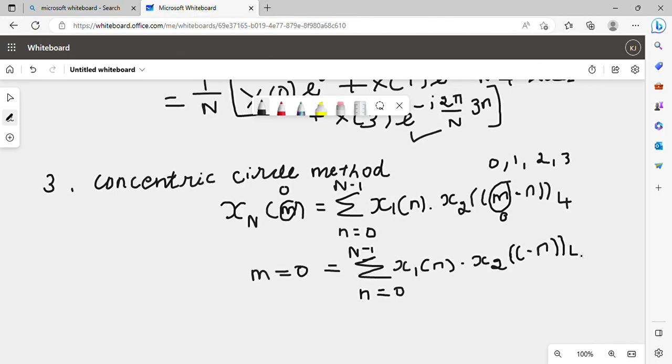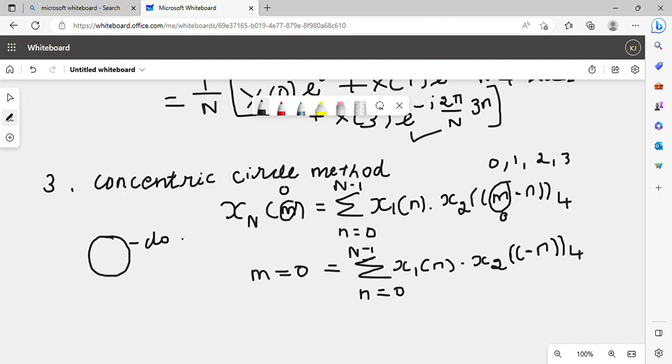If you are really confused with this, please do try to practice these 4 equations for m is equal to 0, 1, 2, 3. What is going to happen here is that you have to keep your inside circle in anti-clockwise direction.